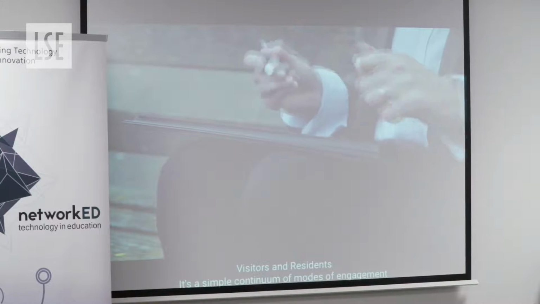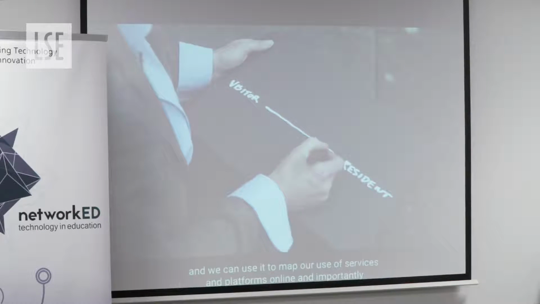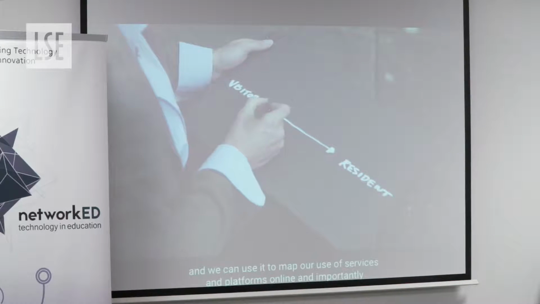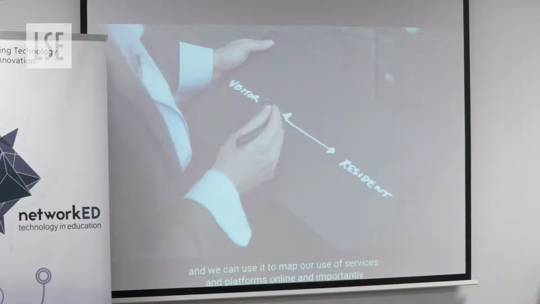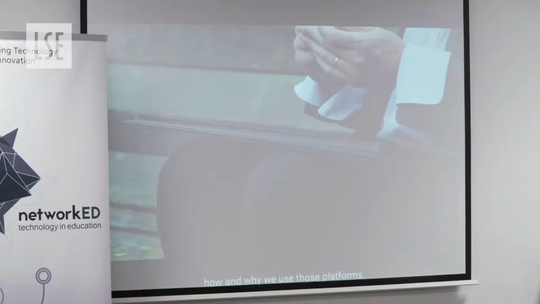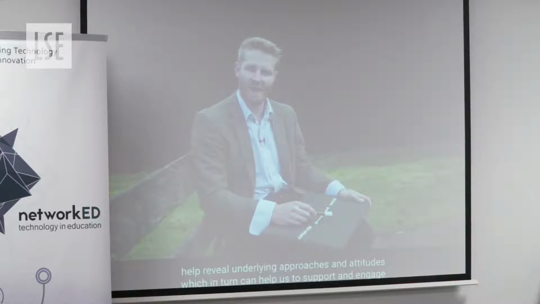It's a simple continuum of modes of engagement, and we can use it to map our use of services and platforms online, and, importantly, how and why we use those platforms. Using visitors and residents as a lens can help reveal underlying approaches and attitudes, which in turn can help us to support and engage the people we work with.